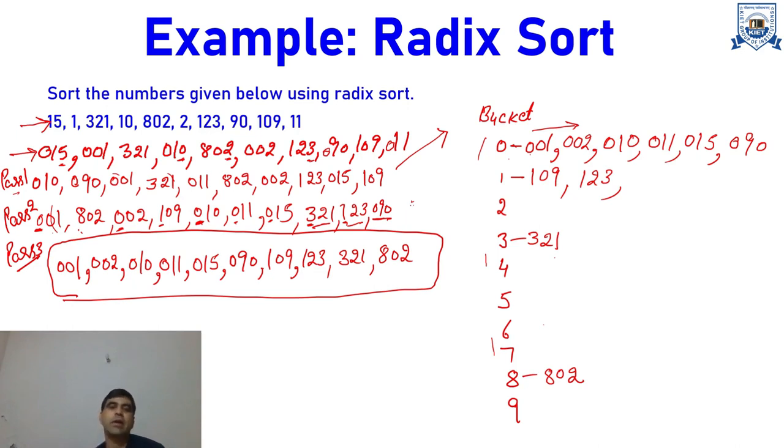Because in our given list, the maximum number of digits in a single number is 3. That's why we first converted all the given numbers into 3-digit codes. Then we collected them into the buckets and rearranged the sequence, and so on. So after the third pass, the list will be sorted. Hope that makes things clear.